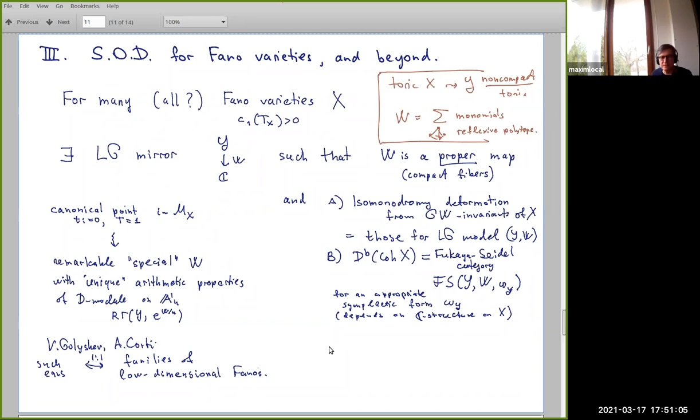which I don't want to talk about. These are very, very special differential equations, which you can study on their own. There was a program by Vasily Golyshev and Alessio Corti. They looked for equations like these of order 3, 4, and so on, which give a motivic variation of Hodge structure after making Fourier transforms like this, and there are very few of them.